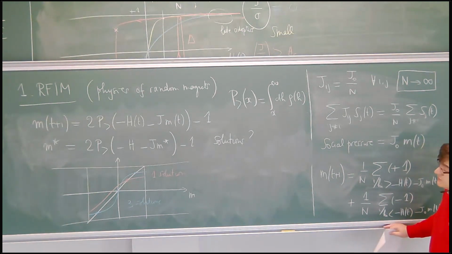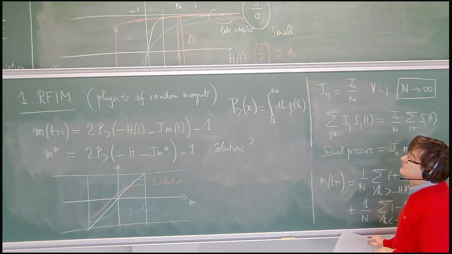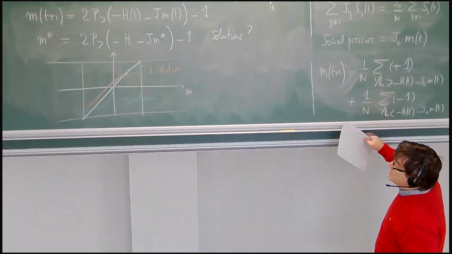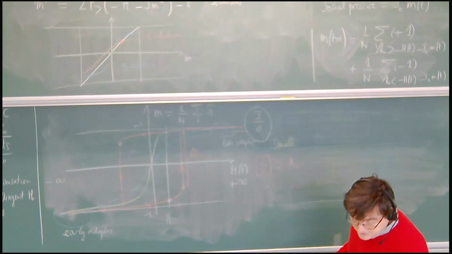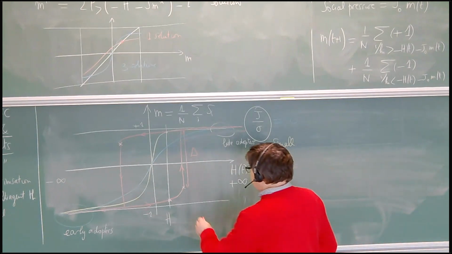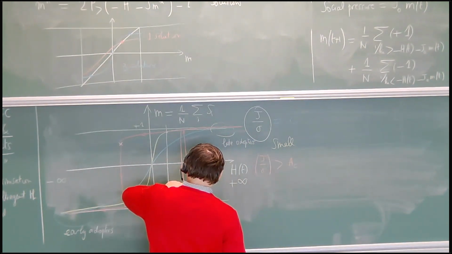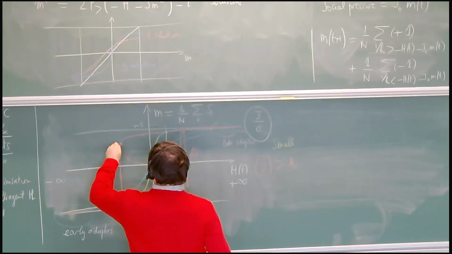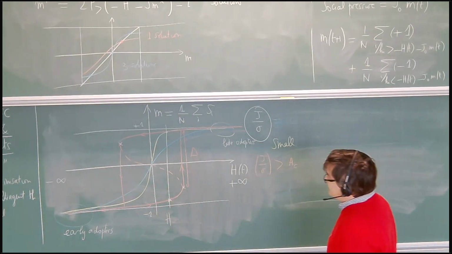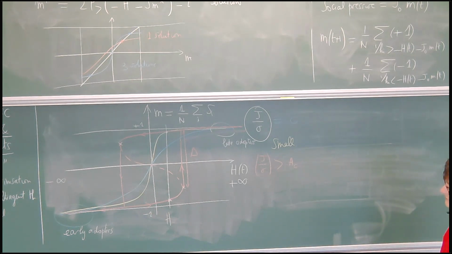But in fact, this third solution exists. So if I had to be slightly more precise on this graph, I should actually add a dotted line that does like this, which is the location of the third solution.